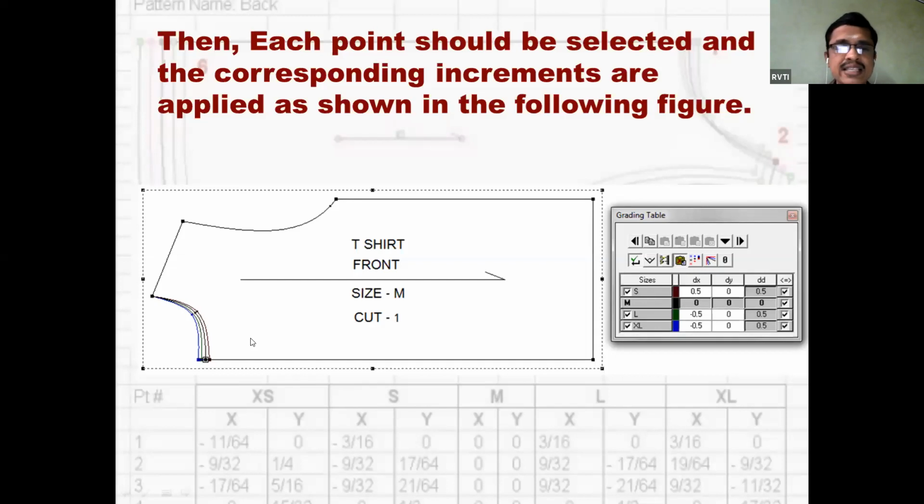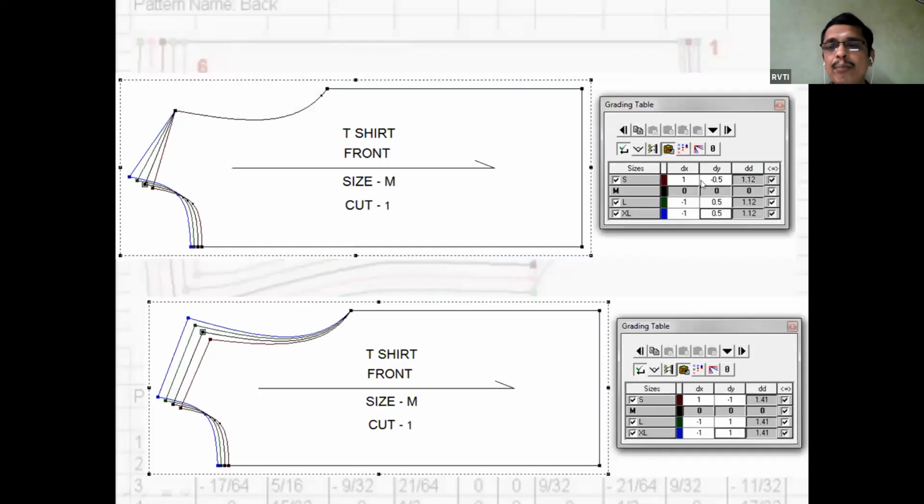Then I have to select point 2 and apply the increments. This point 2 is graded. Then I click point 3 and apply the increments. Like that, I have to click each and every point and apply the increment. And finally, the grading will be properly conducted by the software.